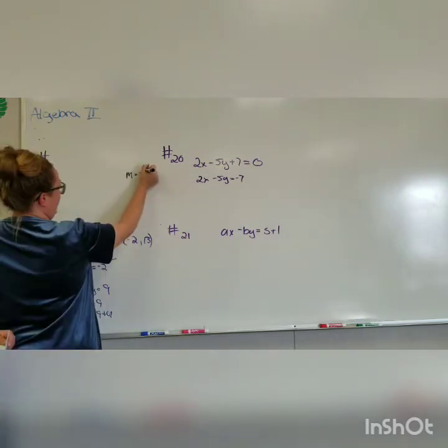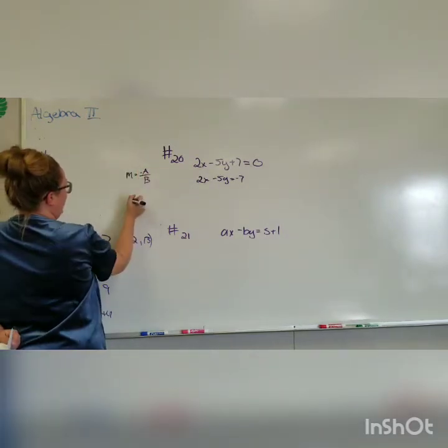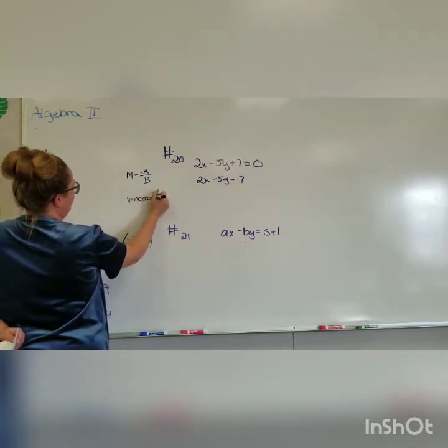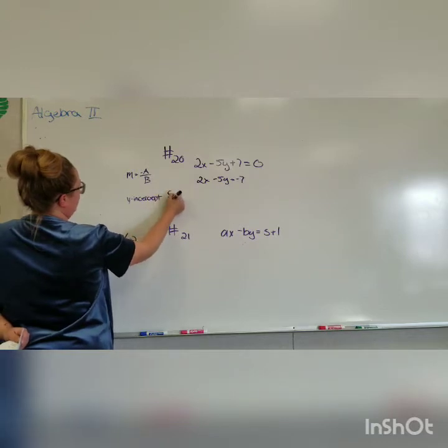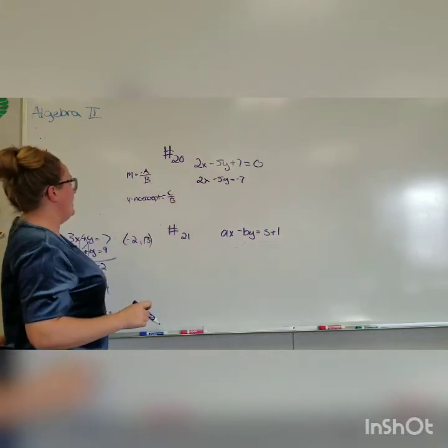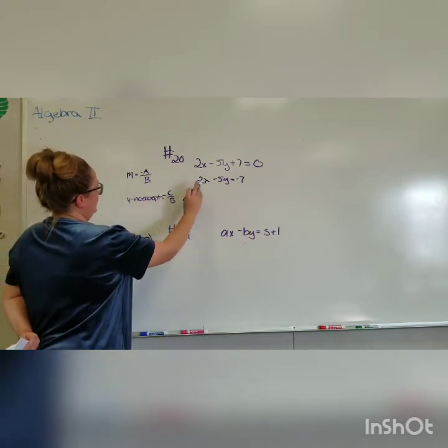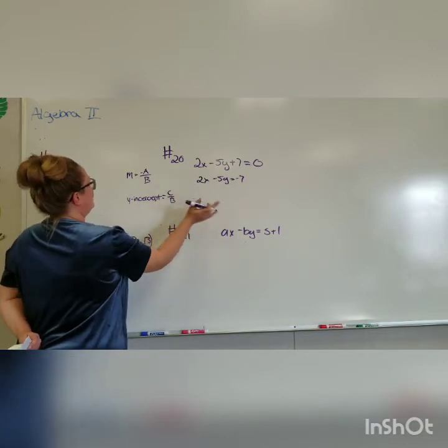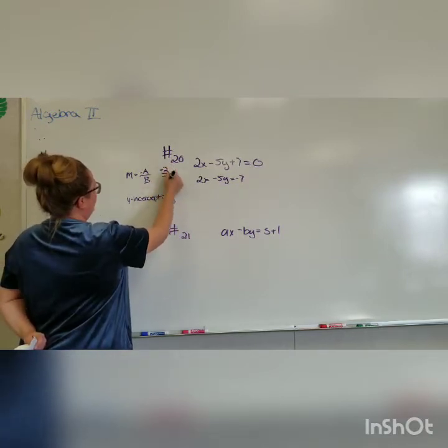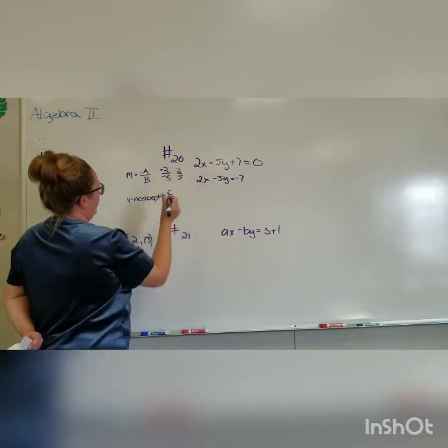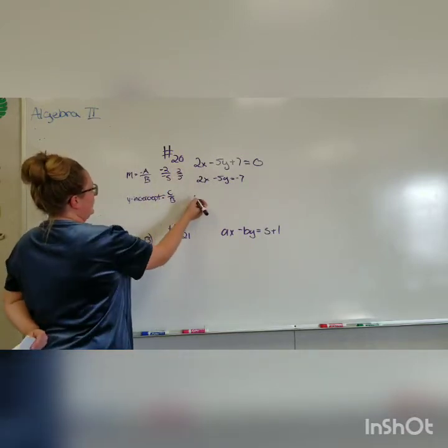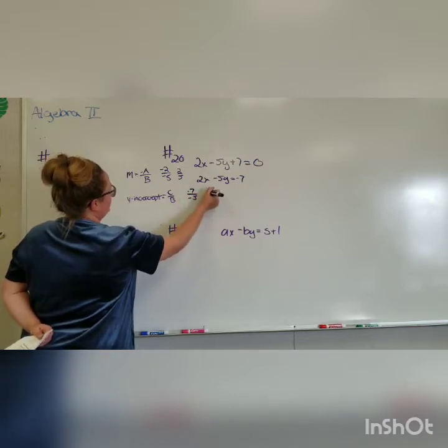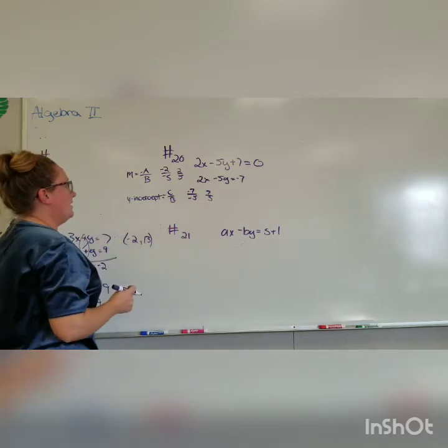Remember, in standard form, the slope is negative a over b, and the y-intercept is equal to c over b. So in this equation here, a is 2, so negative 2 over b, which is negative 5. Negative 2 over negative 5 is positive 2 over 5. And c is negative 7, so the y-intercept is negative 7 over b, which is negative 5, making it 7 over 5. Two negatives make a positive.